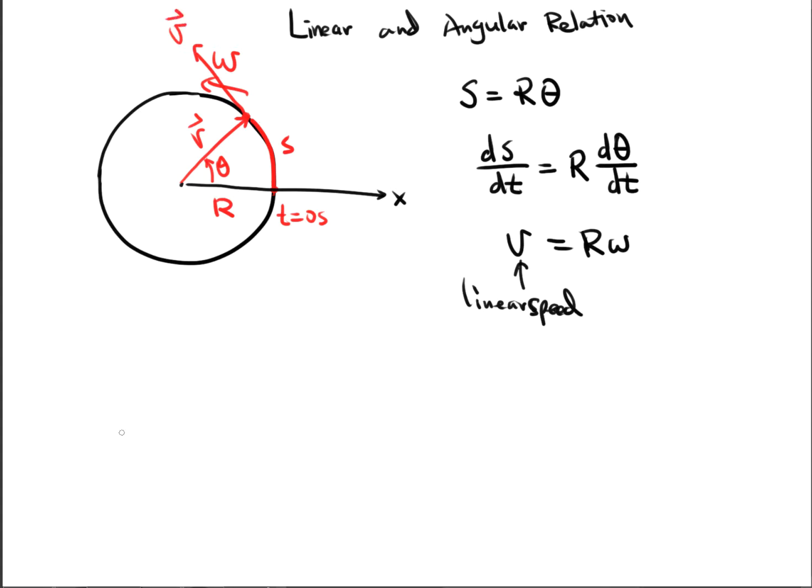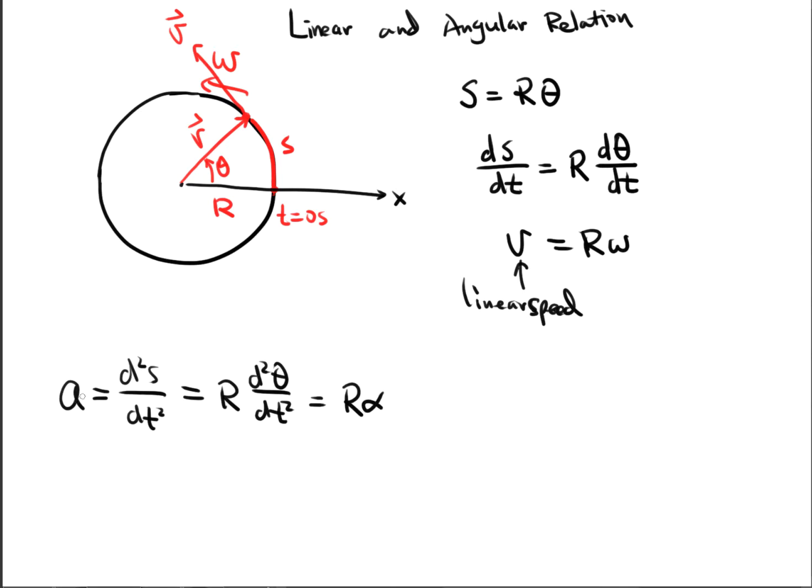Now, if we look at the second derivative of this arc length, then we get linear acceleration, and the right side is the radius r times angular acceleration.